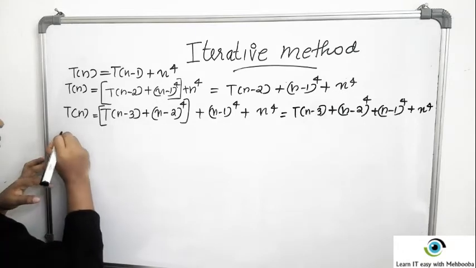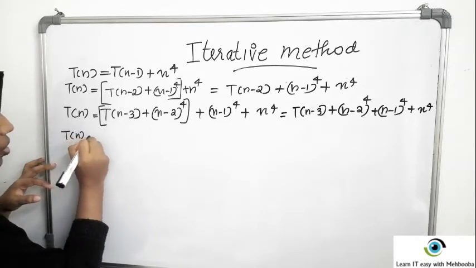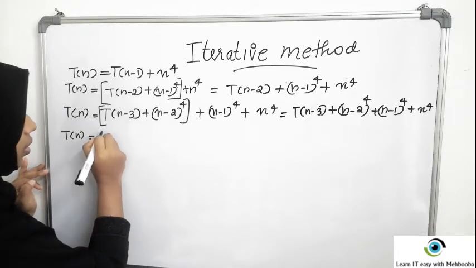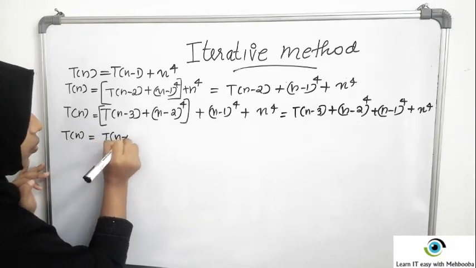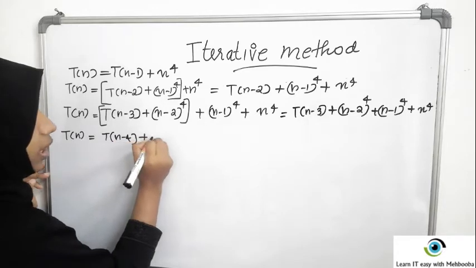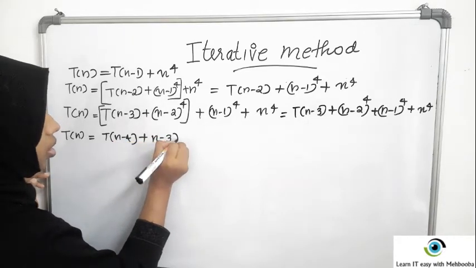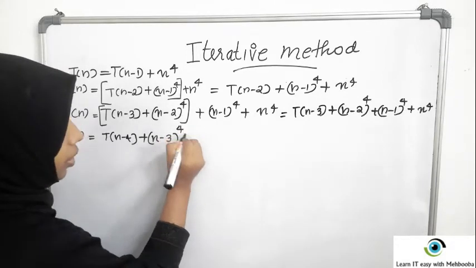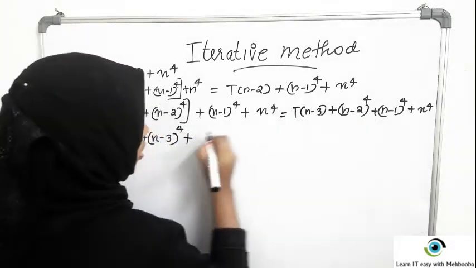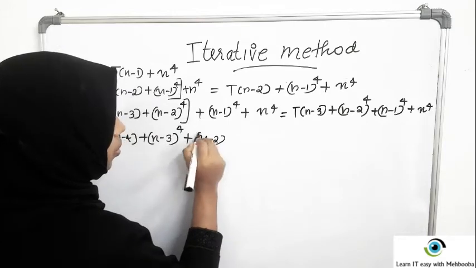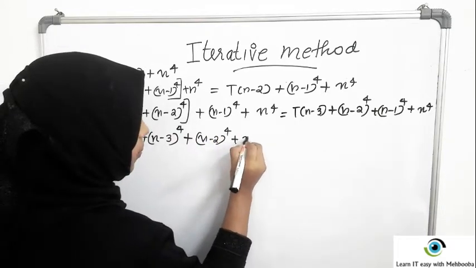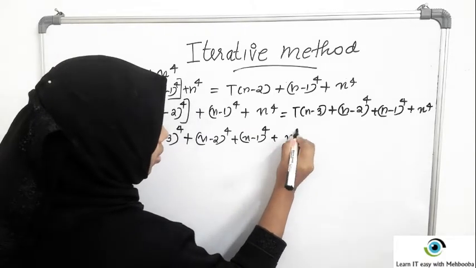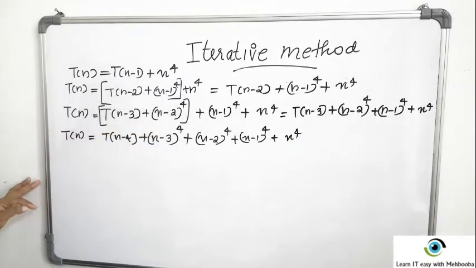So if we unroll this further, you will get T of n minus 3 unrolled as T of n minus 4 plus n minus 3 the whole raised to 4, plus the remaining terms n minus 2 the whole raised to 4 plus n minus 1 the whole raised to 4 plus n the whole raised to 4. Okay.